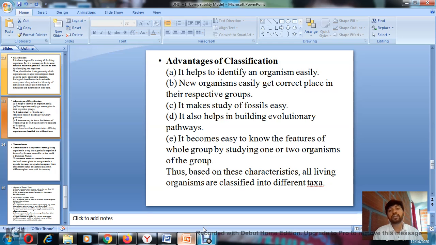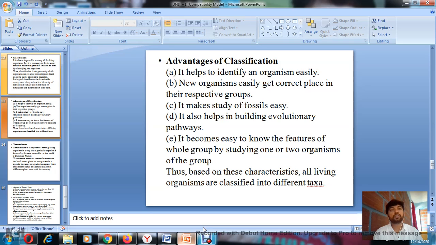And the second advantage is that new organisms easily get a correct place in their respective groups. If a new organism is identified, with a proper classification we can keep that organism in a proper classified manner. It makes the study of fossils easy, right?